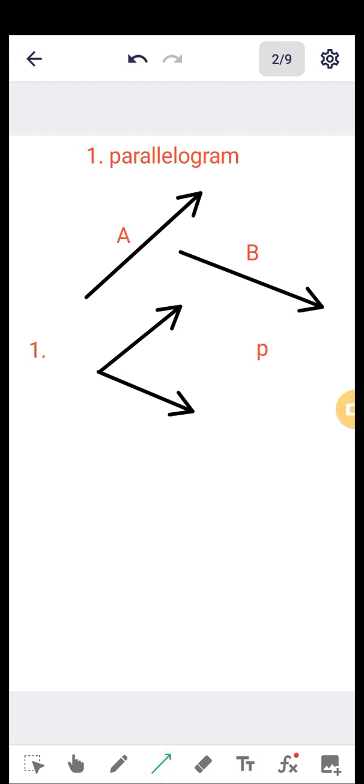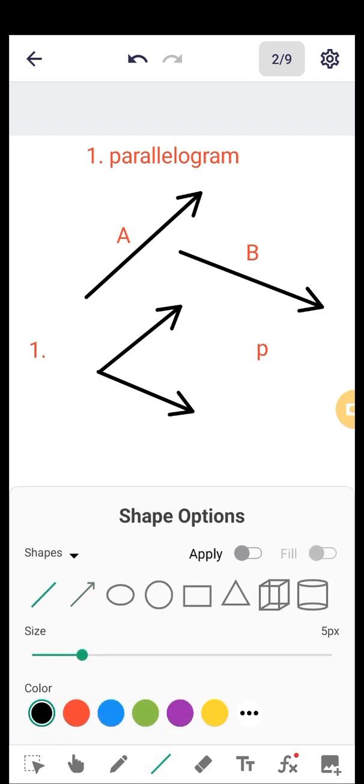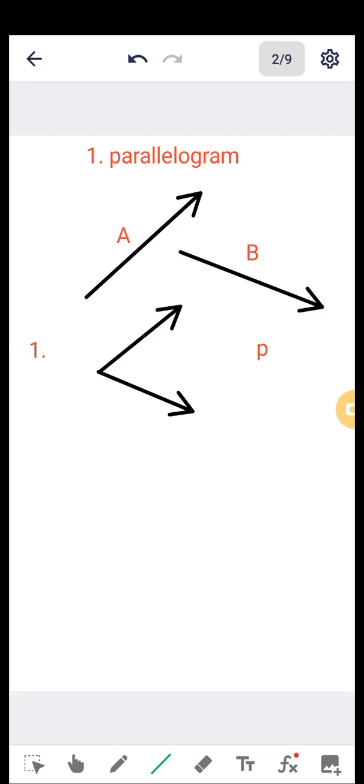Then you make arrows going to the same point between this part, like that. The difference is that these arrows should be dotted so that you differentiate.